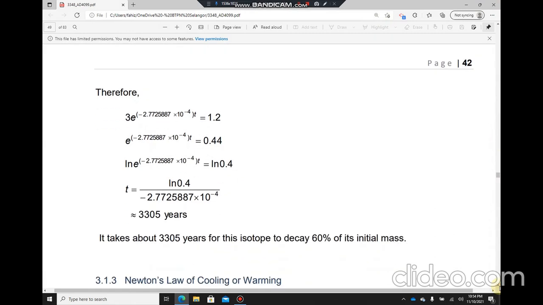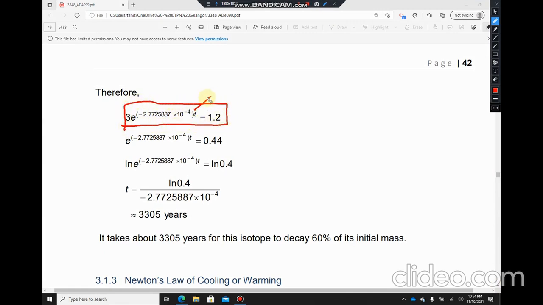Okay, so from this equation, the original one we got earlier, we don't have the value of T yet. This one is the value of M, which we calculated earlier as 1.2. So this one, 3, you divide by 1.2, and you get 0.4. To remove T, bring T down, put ln on the left and right, and then solve for T. So you will get T is 3305 years.